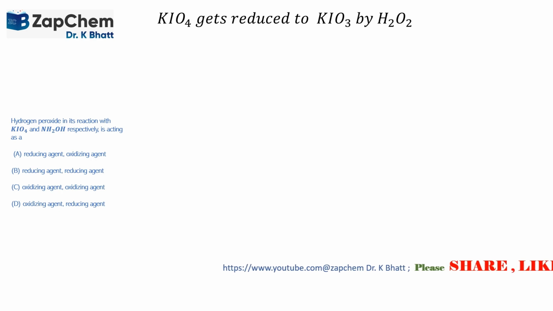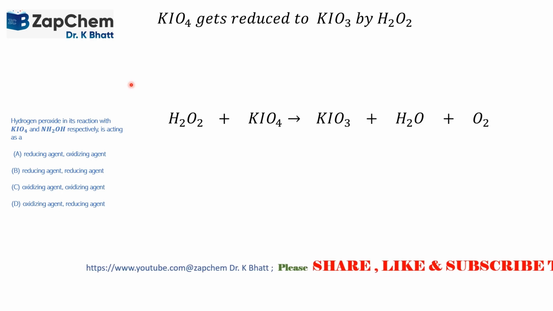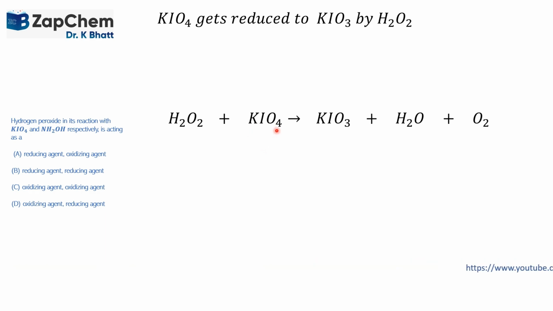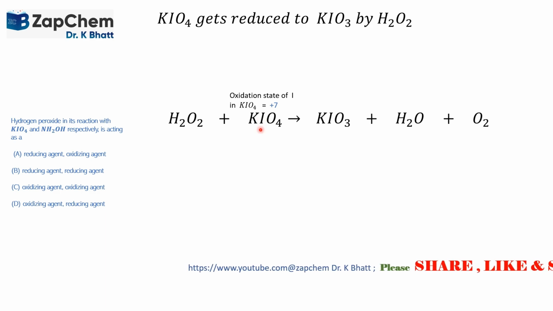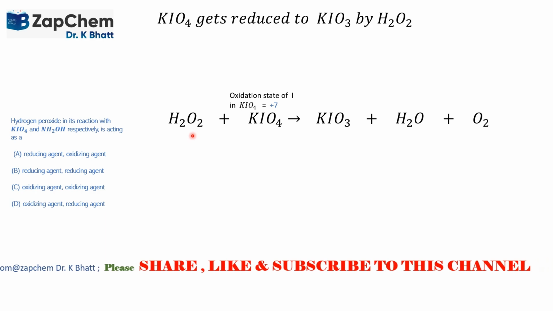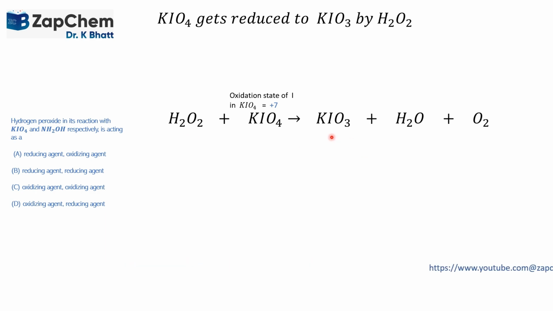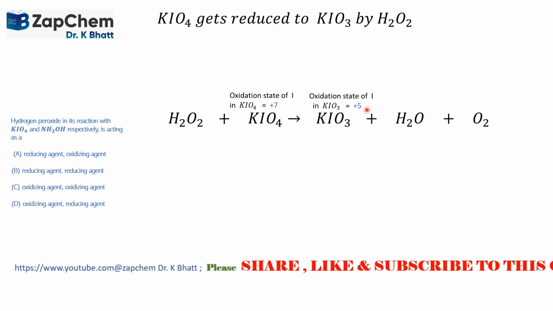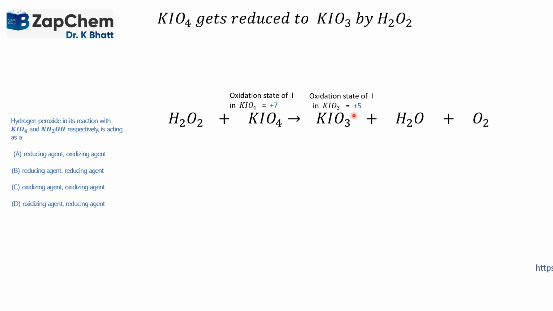KIO4 is known as potassium periodate, and here we find that iodine is in the highest oxidation state in potassium periodate. It is +7, and with hydrogen peroxide, it gets converted to potassium iodate, KIO3, where the oxidation state of iodine is +5.